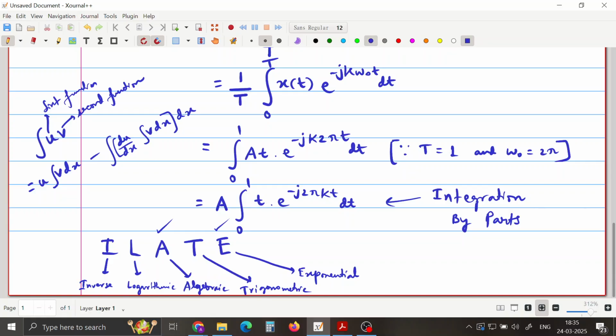So this is the rule of integration by parts. In this case, the first function is t, because it is on the left side of the priority rule. The exponential function is of course the highest priority, so it's the second function.